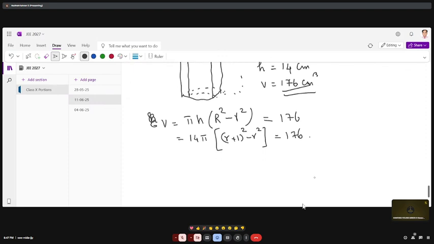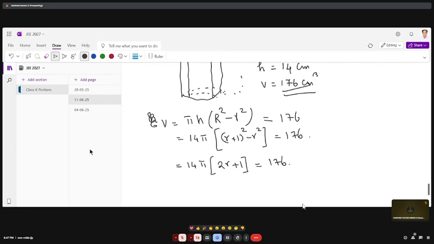So you get a simple equation in r. (r plus 1) whole square is what? r square plus 2r plus 1. And minus r square, that r square gets cancelled out. So this is what will remain: 14 pi into (2r plus 1) equal to 176.